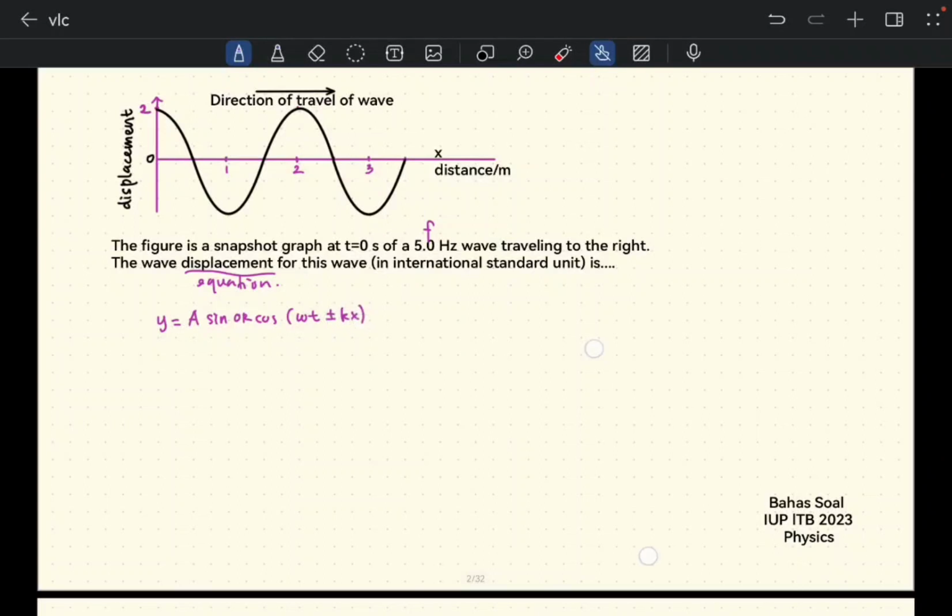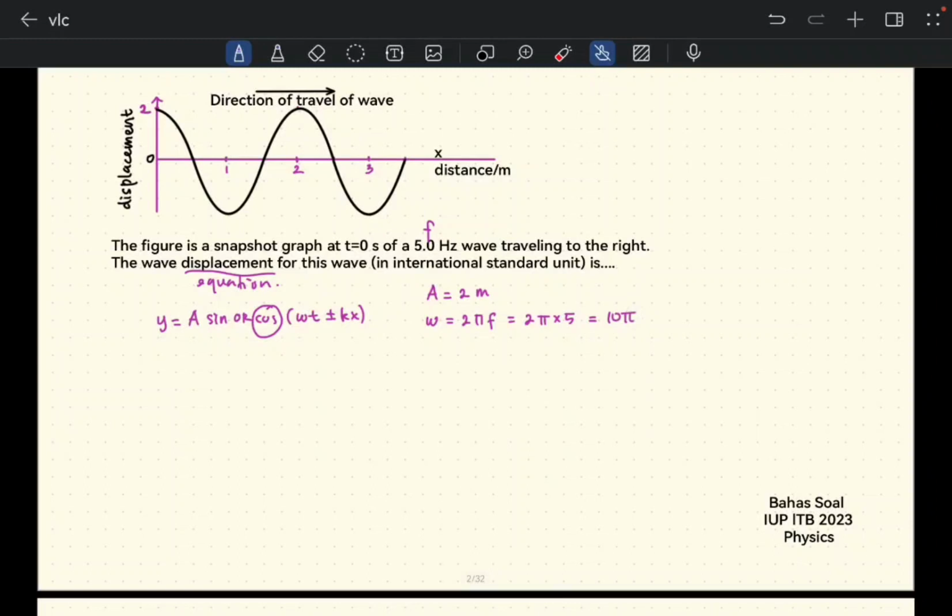So we have to find first the amplitude, which is 2 meters, and then we can use cos because the graph shows a cosine pattern. Then we find omega, the radial speed, equals 2 pi times frequency equals 2 pi times 5 equals 10 pi.